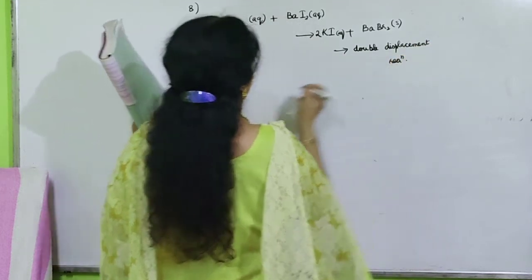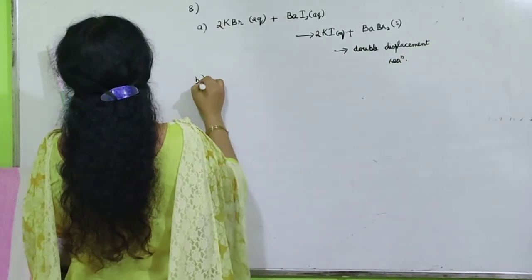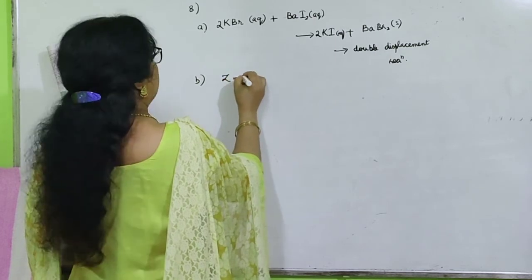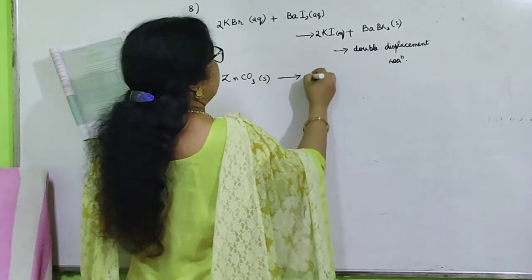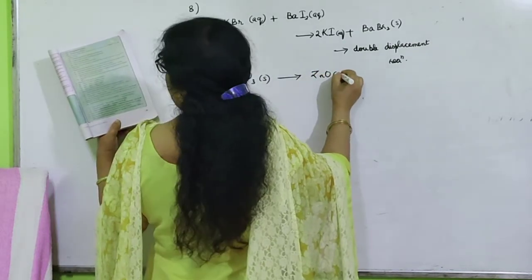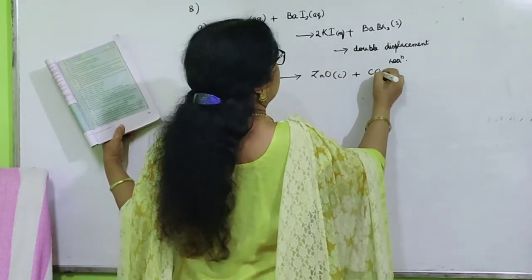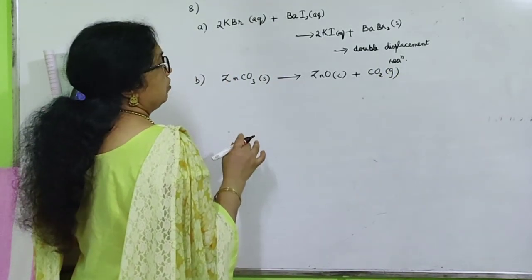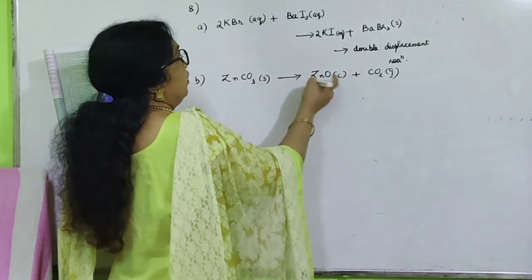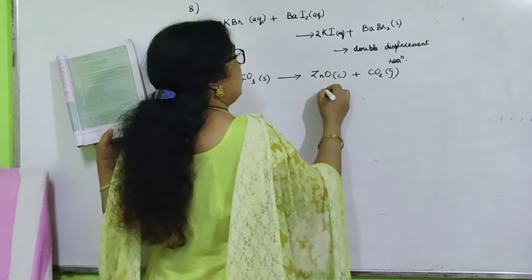Double displacement reaction. Second one: zinc carbonate solid gives zinc oxide solid plus carbon dioxide. This is already balanced. On heating, it gives zinc oxide and carbon dioxide, so this is a decomposition reaction.